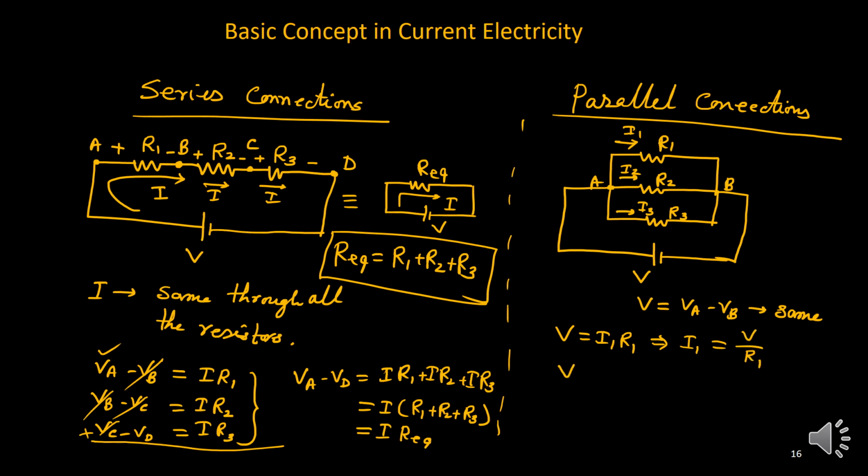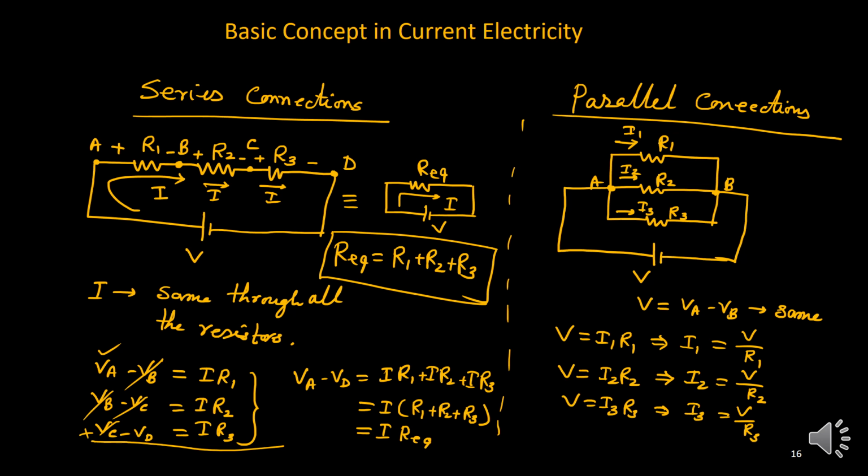Similarly, V equals I2 into R2, because R2 is also connected between A and B and the potential gap is V. Remember, in parallel connection the potential gap is the same, only then it is parallel connection. So I2 is V upon R2. Similarly, V equals I3 into R3, so I3 equals V upon R3.